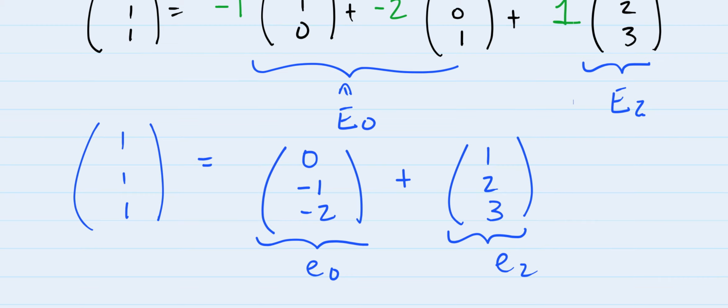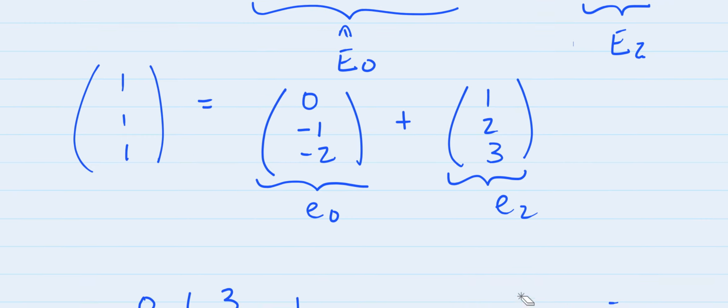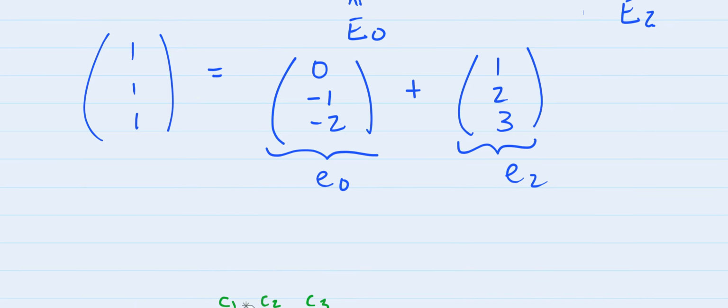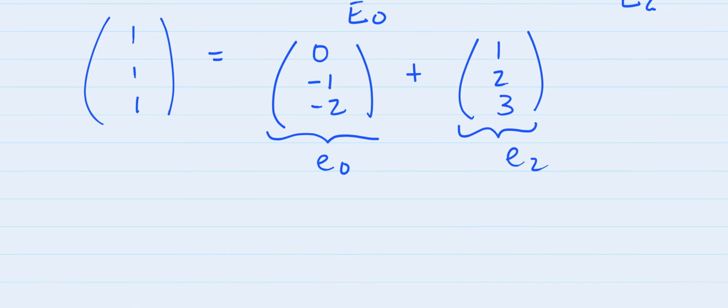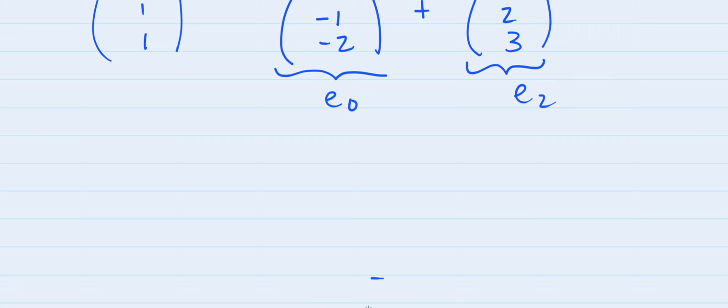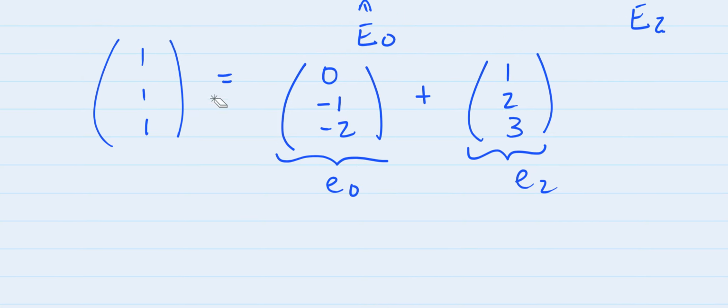And I want to show you something pretty cool, at least I think it's cool. So what can we do with this? Just erase some stuff down here. Let's apply the matrix to this vector. And we're going to see that it's actually just a linear combination of this vector plus a linear combination of this vector.